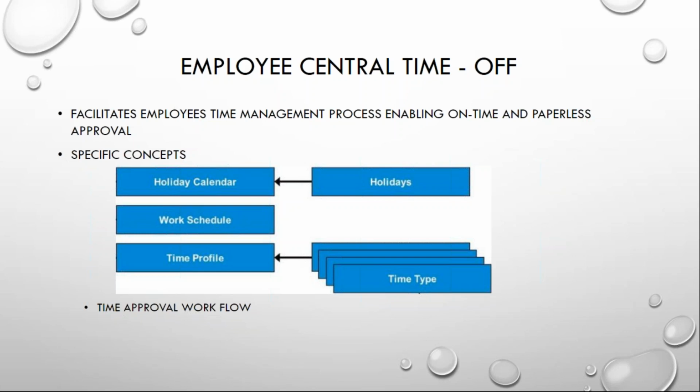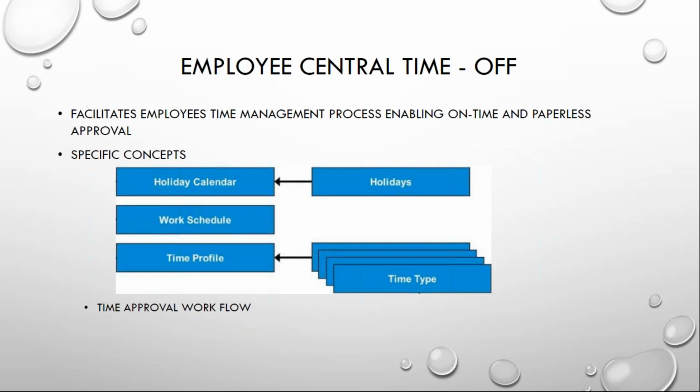So this time account type will be attached to a time type, okay. And what are all the possible leaves that could be categorized for a specific grouping? In SAP we do it under PSG ESG grouping, but under SuccessFactors they call it a time profile, okay. A time profile can be created, and the leave types which are applicable for a specific group can be attached, okay.